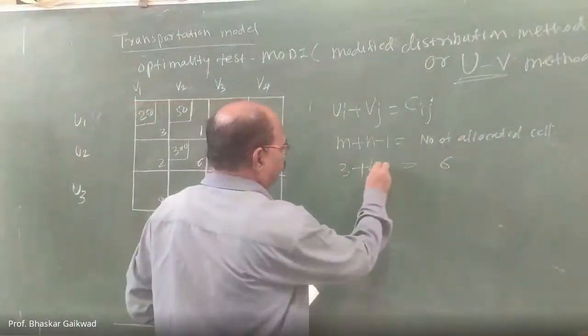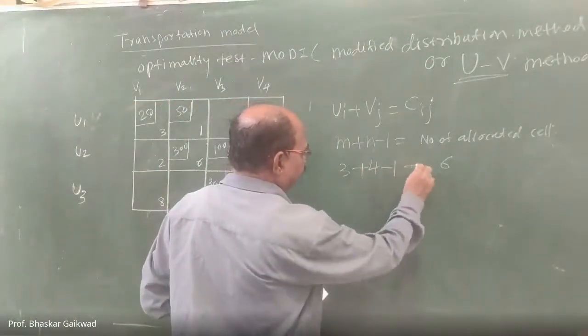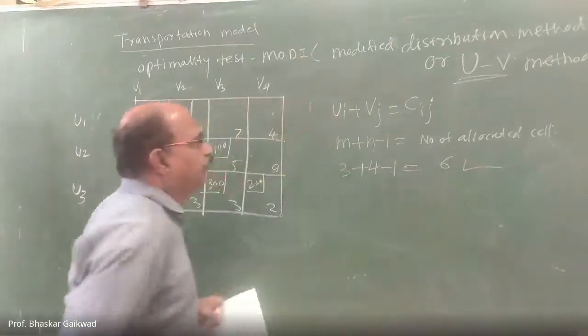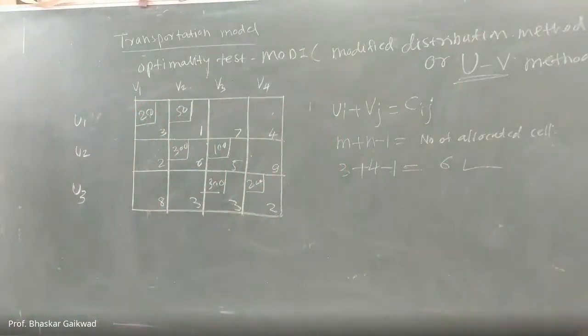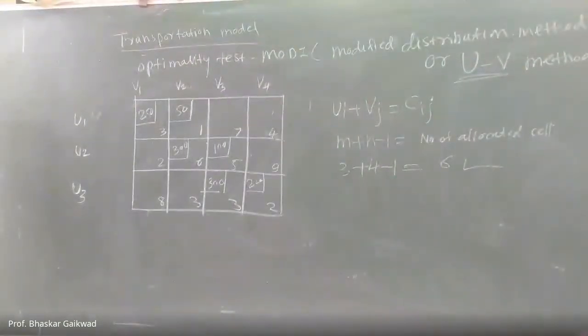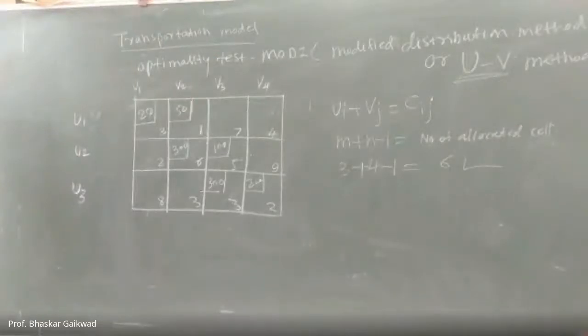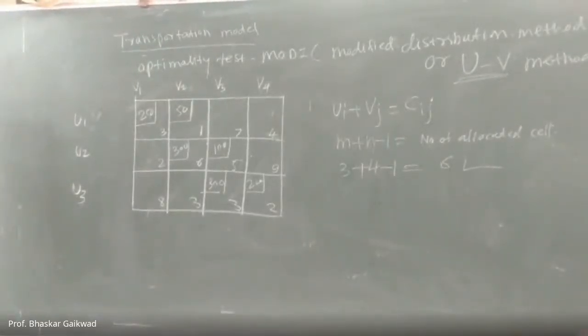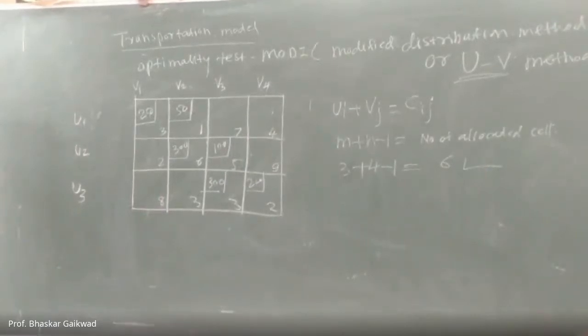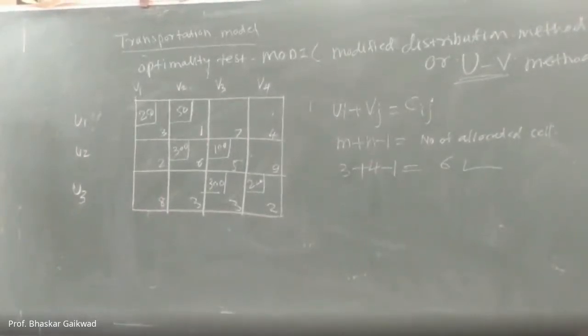So 3 plus 4 minus 1 is 6, which means the test we have taken is correct. So this justifies m plus n minus 1 equal to the number of allocated cells. Then this is a balanced problem and it is possible to get an optimum solution for the same. Correct.